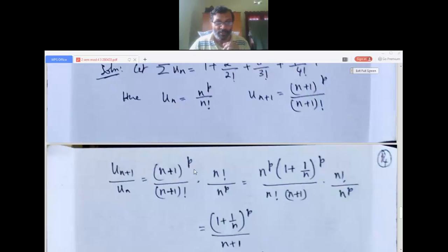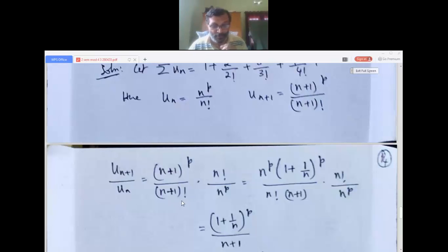To simplify this, I will remove n outside, but since power p is there, n power p outside, bracket 1 plus 1 by n whole power p. See this method. Divided by n plus 1 factorial; 4 factorial can be written as 4 into 3 factorial, like that.